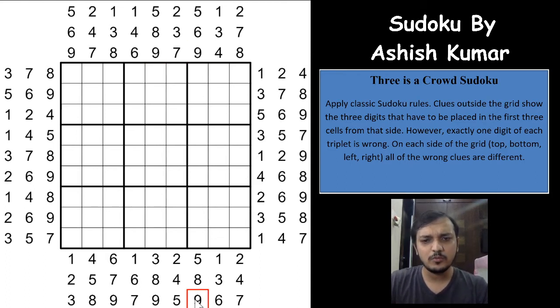Same way vice versa, both of these for the column 7 cannot be wrong, which will contradict the column 5, which means that one of the column 5 clues is correct and one is wrong, and same way one of the column 7 clues is correct and the other column 7 clue is wrong.